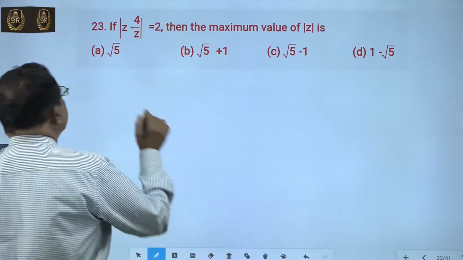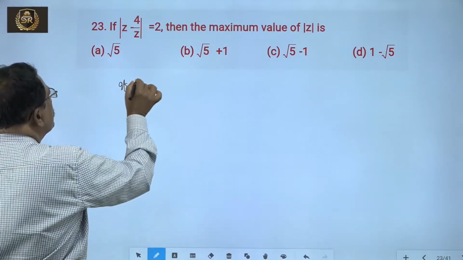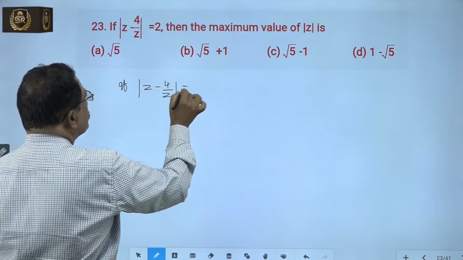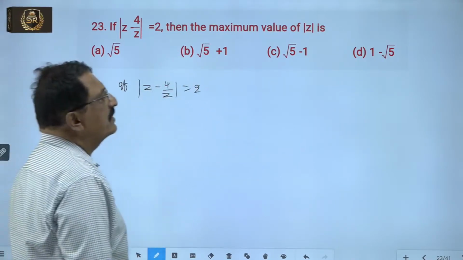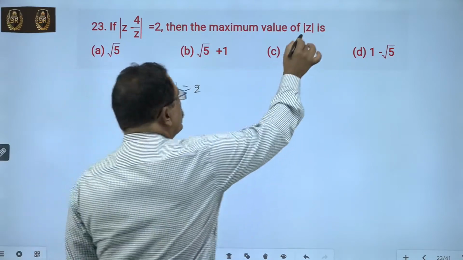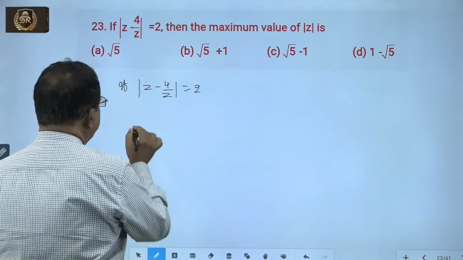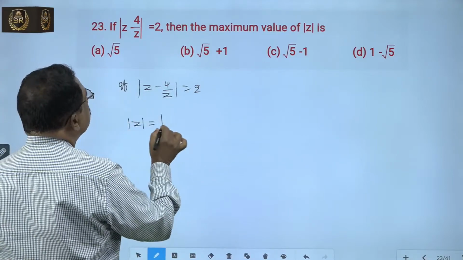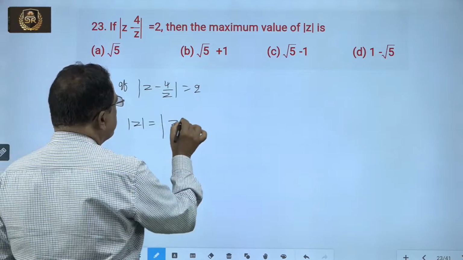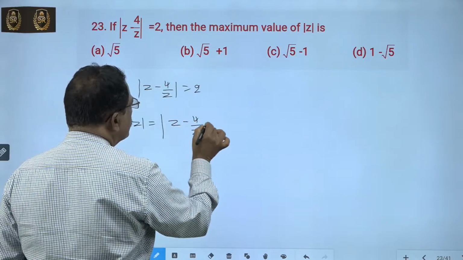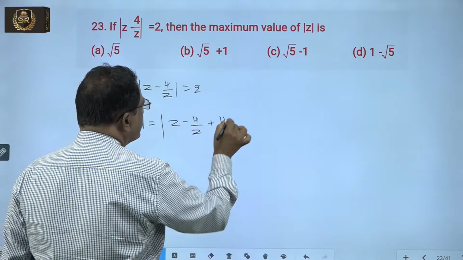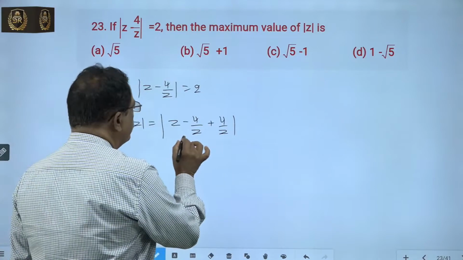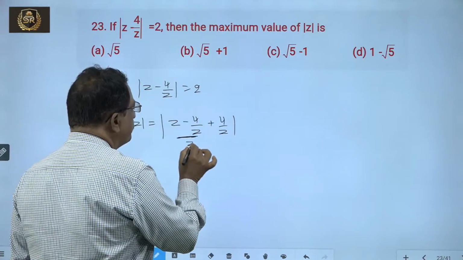Next problem. If |z − 4/z| equals 2, then find the maximum value of |z|. Now |z| can be written as |z − 4/z + 4/z|, adding and subtracting 4/z. Okay. Now consider this as z1 and this as z2.